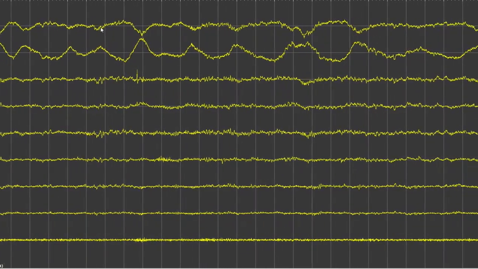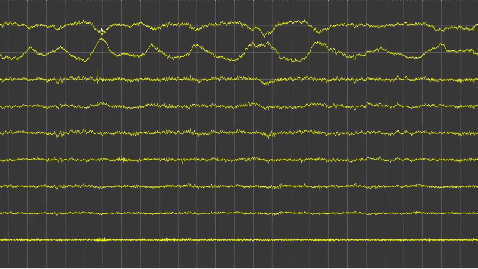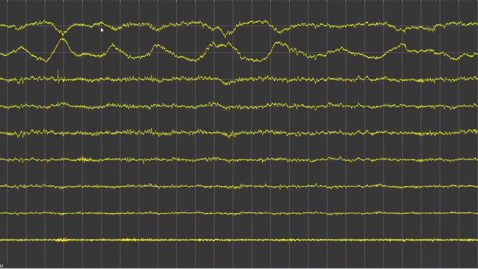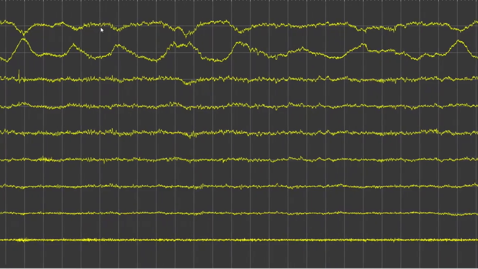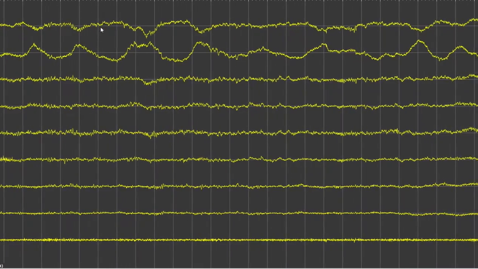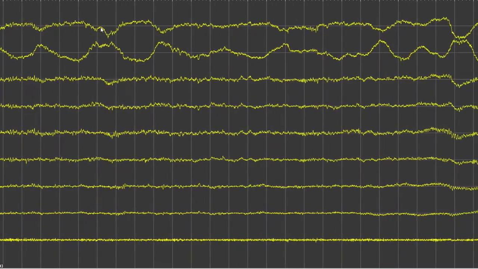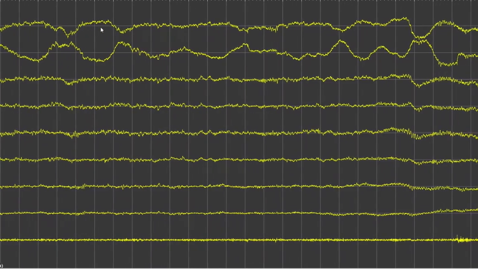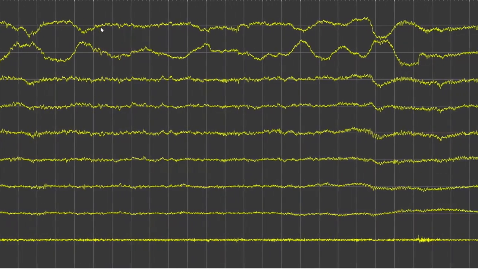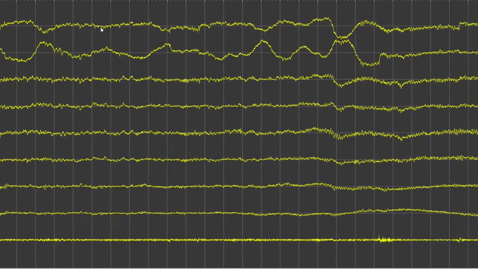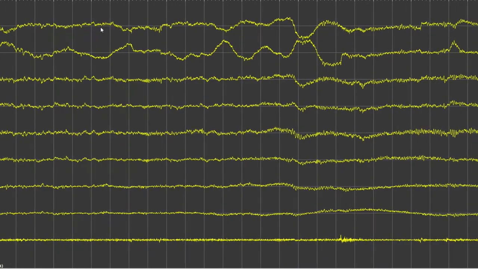Different mental states, activities, or stimuli can produce distinct patterns in the EEG signal. Sleep is one activity that shows several distinct EEG patterns, and studying these patterns has taught us a lot about what our brain is doing when we sleep.